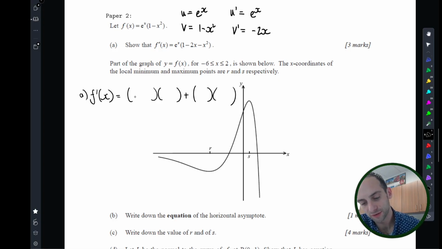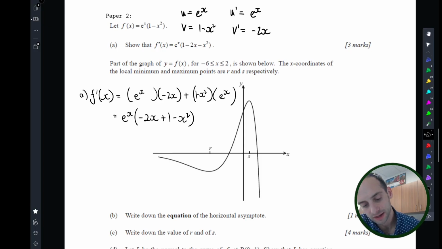And we take the first function, e to the x, the derivative of the second, -2x. We take the original second function, 1 minus x squared, and the derivative of the first function, which is also e to the x.